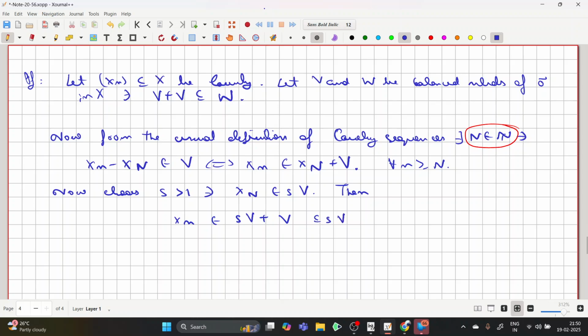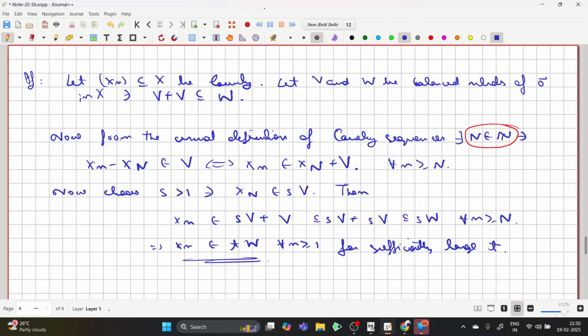But then this would be contained in sV plus sV, and then this would be contained in sW, and this happens for all n greater than or equal to N. Fine. But then this implies that x_n is in tW for all n for sufficiently large t, and which means that the Cauchy sequences are bounded.